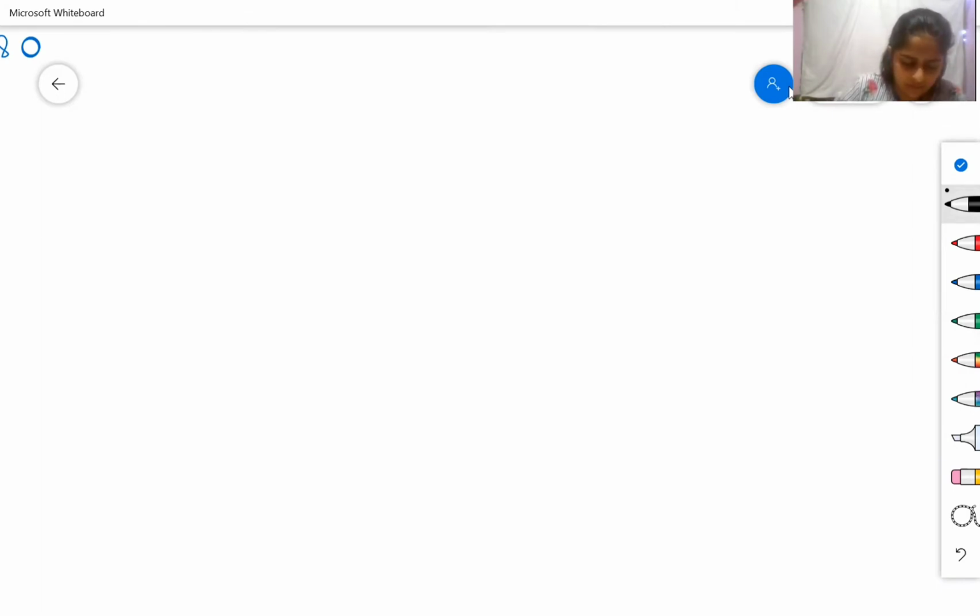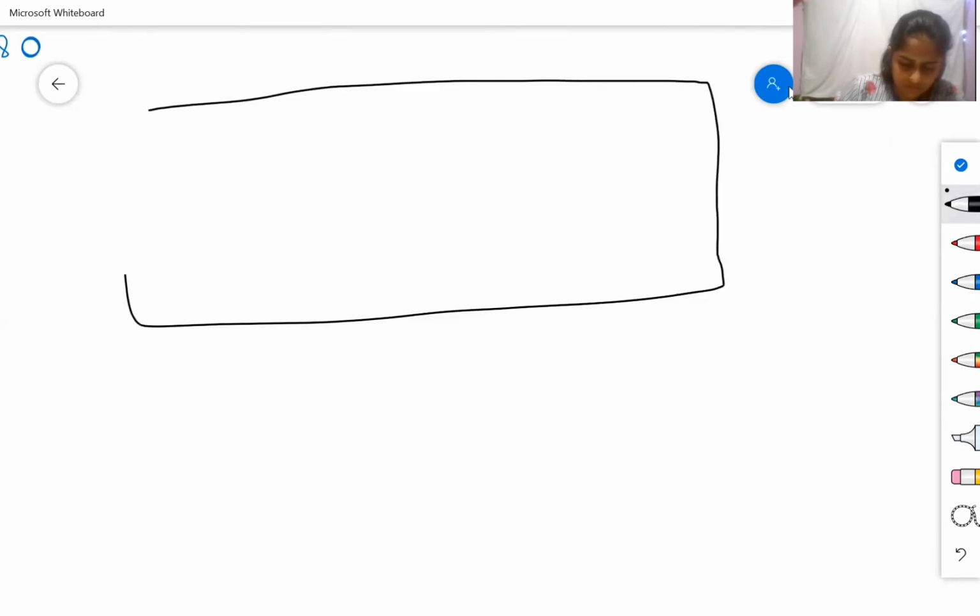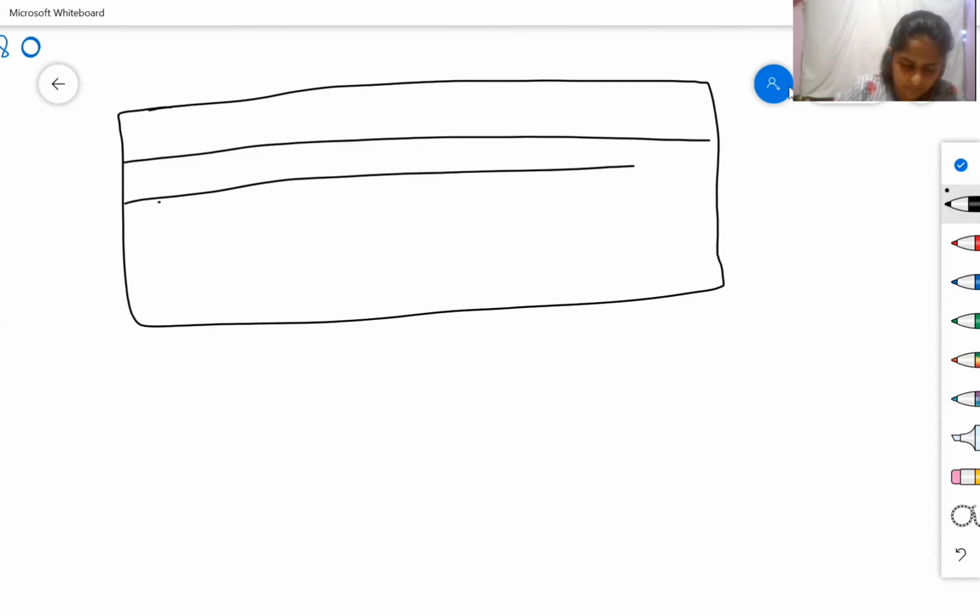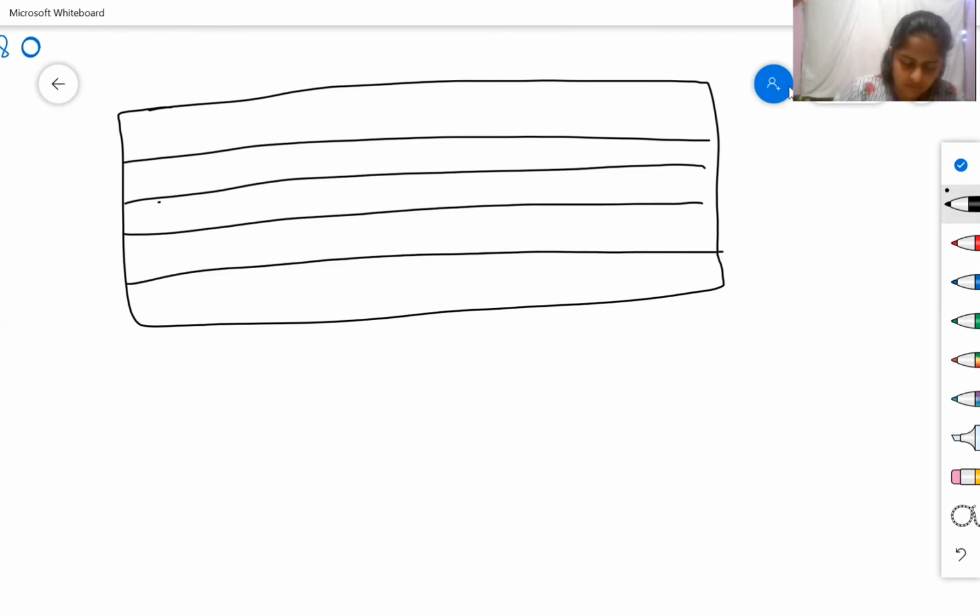The question again has 5 rows and 7 columns.